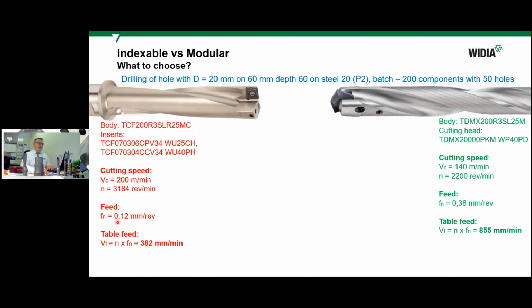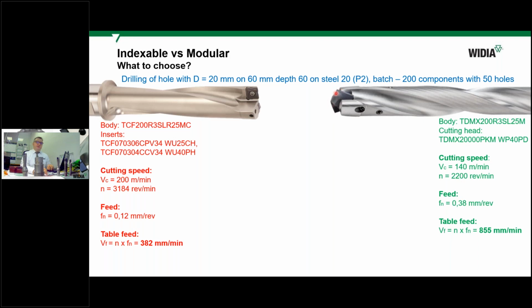You can see here the feed is not so big because there is only one tooth, but higher speeds because here the periphery insert has a harder grade than the grade of a usual solid or modular drill. Here the cutting speed is lower, but the feed is much higher because there are two teeth.